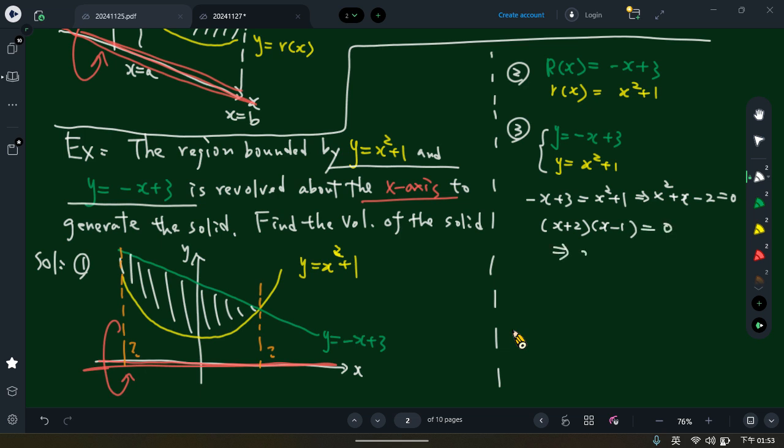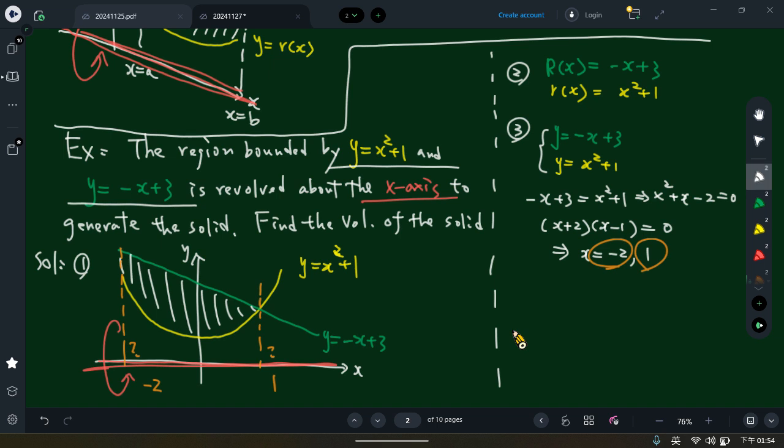So x would be minus 2 or 1, right? That means these two points are, one is negative 2 here and one is here. So through this, we can know these two points: one is x equal to negative 2, and the other one is x equal to 1.